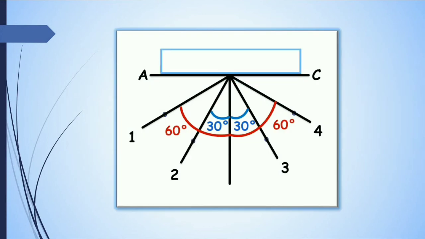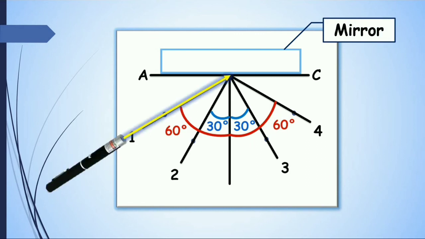Now let us place a mirror on line AC. Now take the laser and point the laser light on the mirror at B along line 1 as shown in the figure.